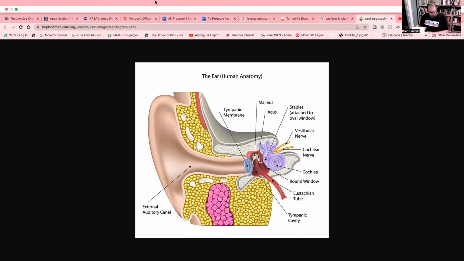The brain, nervous system. Let's see, I better look at the index for this. Skeletal system, respiratory, digestive, cardiovascular, lymphatic, nervous, hearing.